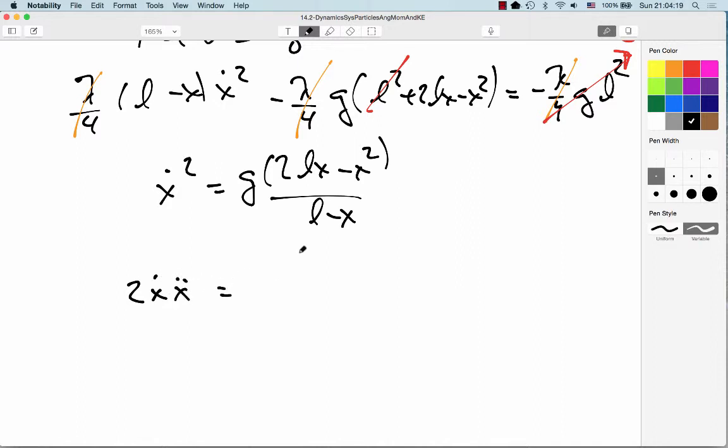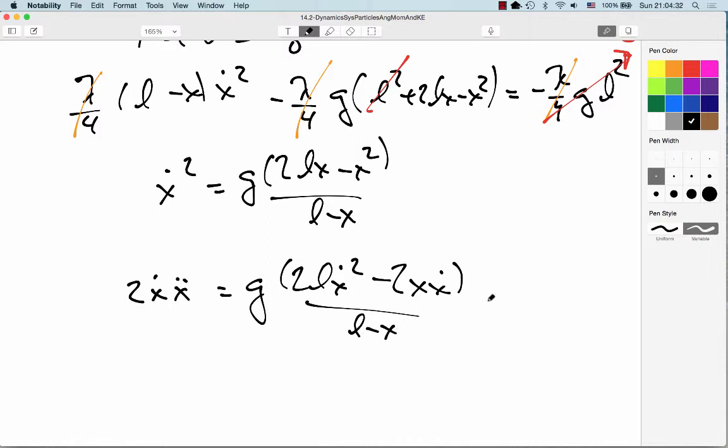That will equal, and this is a bit messy, g times 2L x dot squared minus 2x x dot over L minus x, plus g times 2Lx minus x squared over L minus x squared, times x dot. All right, well, everywhere I can cancel an x dot. That's nice.